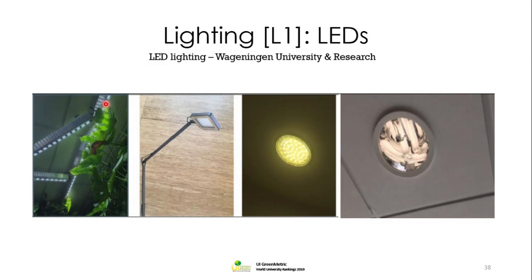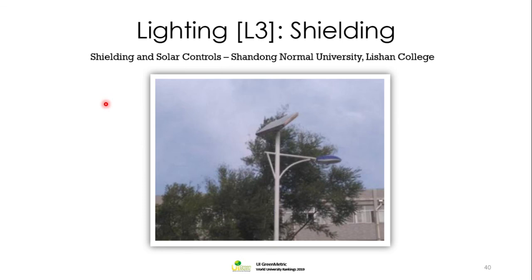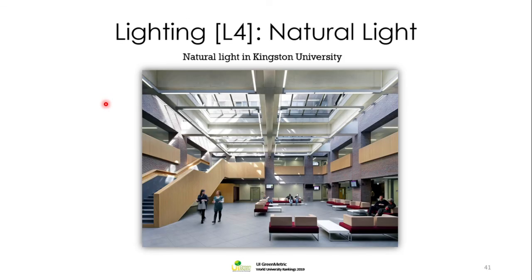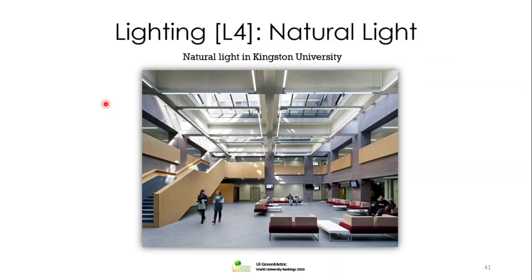And these are examples of lighting, the use of LEDs, lighting with sensors, lighting with shielding, and lighting for natural light. So those are some examples of implementation of smart building components that I have.